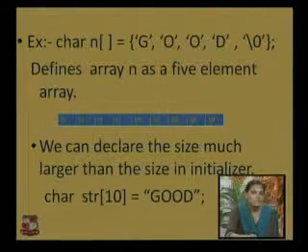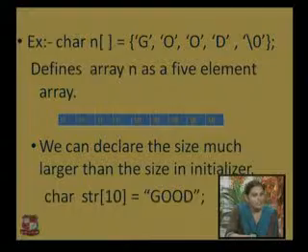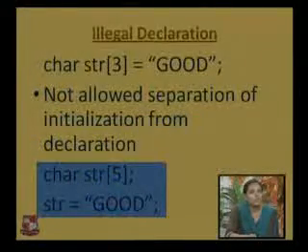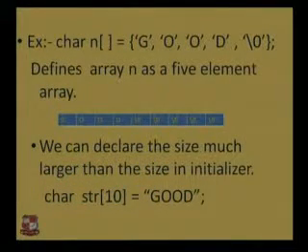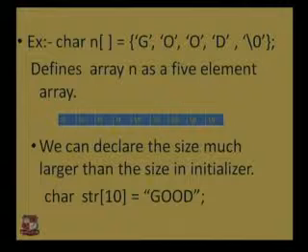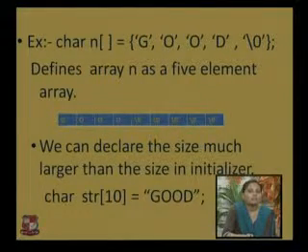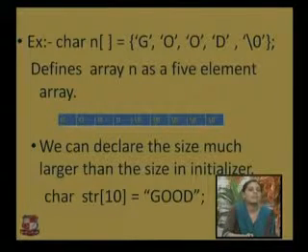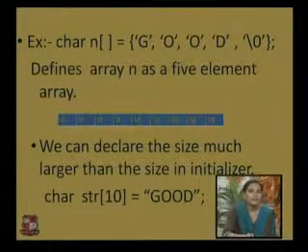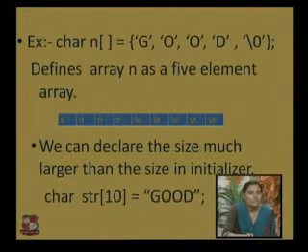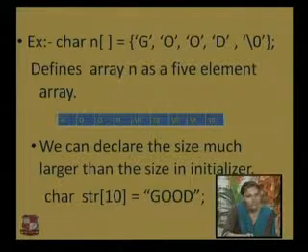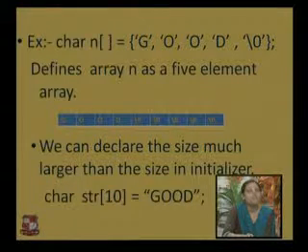So str[0] is for G, next for O, next for O, next for D. The remaining will automatically take the null character value, and the size assigned for this string in the memory is 10, meaning characters 0 to 9 will be stored in the particular string.